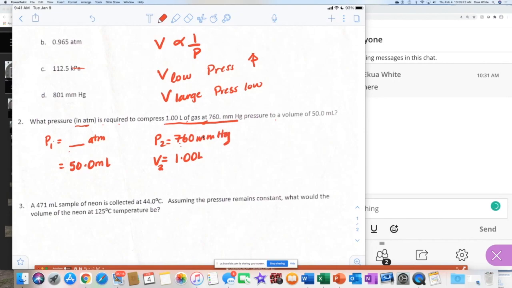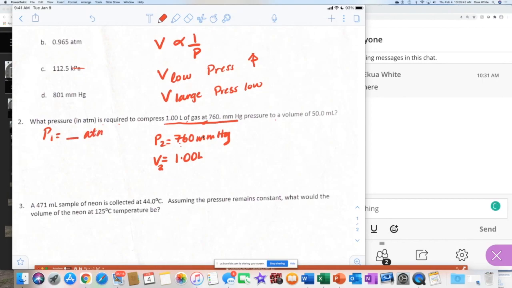Okay, so let's see what we have going on here. What is pressure 1? You can do it that way. You could also assign P1 to be 760 millimeters of mercury, and then V1 to be 1 liter. They just have to go together, right? I realize I don't really have a lot of space, so let me write this smaller. P1 is what we're looking for.